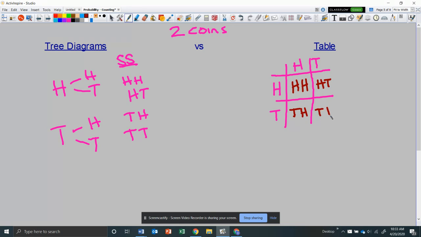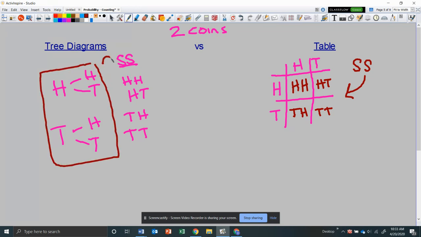And this would be tails, tails. If you do the table, then you already have all the outcomes listed; the sample space is actually in the table. But if you just do a tree diagram, you have to then write the sample space separately. You can't just leave it in the tree diagram because I want to make sure you understand what the tree diagram is representing.